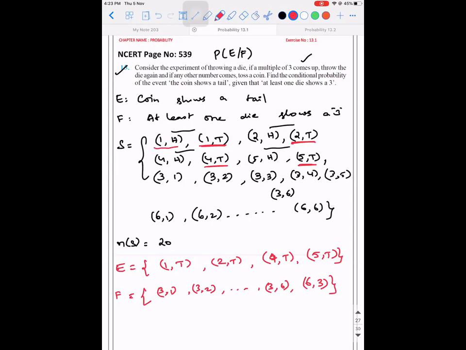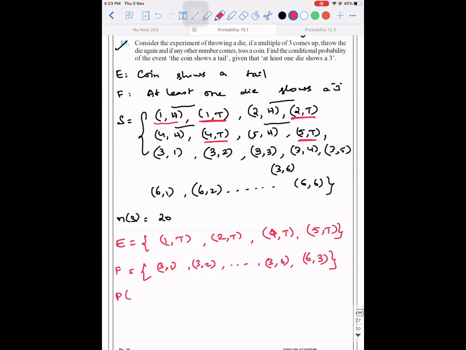So what is the probability of E intersection F? There is nothing common, right? Sir, how F is 0, sir? It's a null set. I told probability of E given F is 0, because probability of E intersection F is 0. There is nothing common between them. Okay, a small correction.